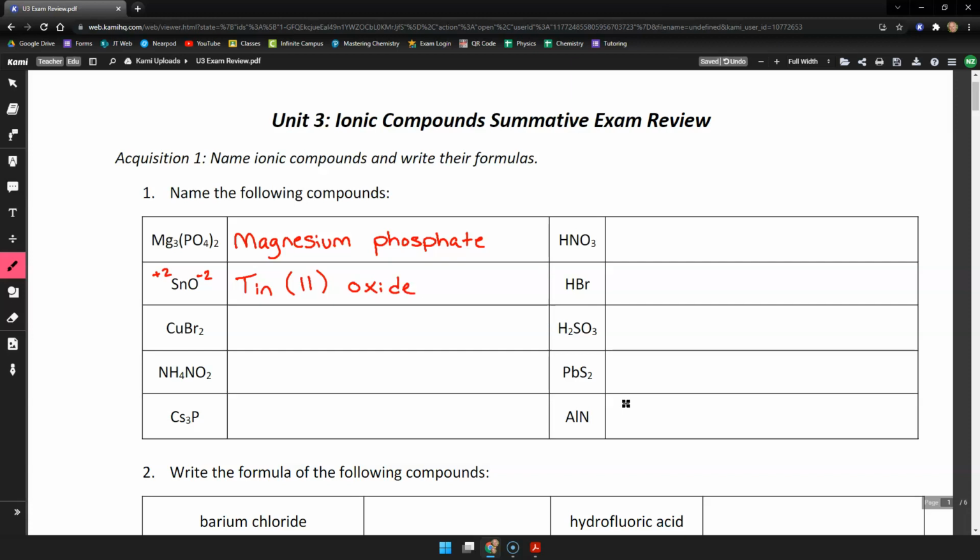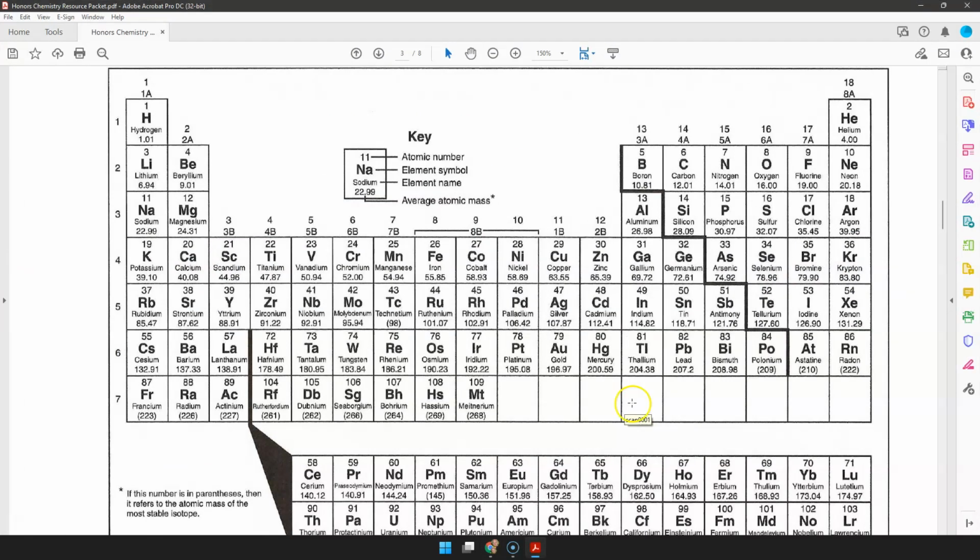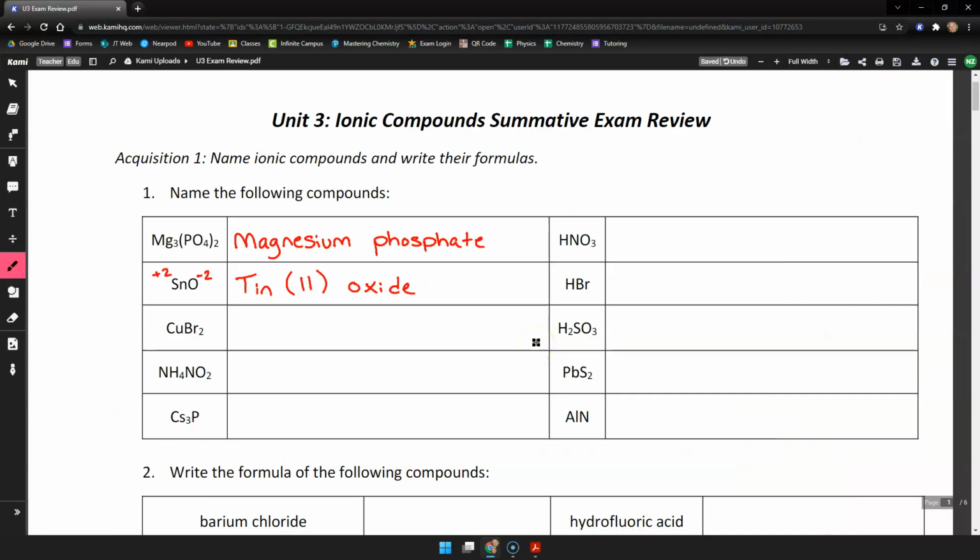Next we have copper and bromine. Copper, Cu, is in the middle section of our periodic table, in the D block, where we have transition metals, and they have variable charges. We have to look at what it's attached to. Bromine has a charge of -1, but there are 2 of them, so that means we have a total negative charge of -2.